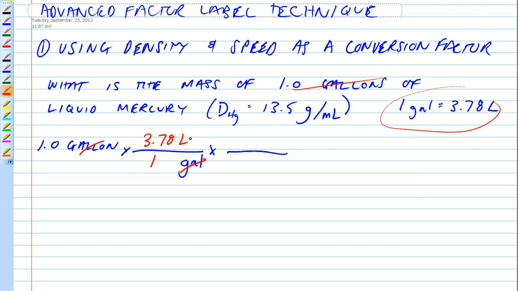If I stop right here, I have 3.78 liters. Problem is, I don't see liters anywhere in my other conversion factor up here. I see milliliters, right? Not a big problem. I know how many milliliters are in a liter, so I'm going to write 1,000 milliliters over liter. And what I'm doing here now is canceling liters, and I'm getting milliliters.